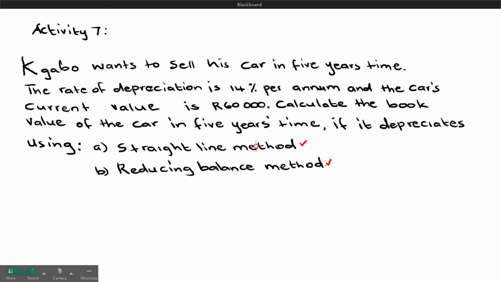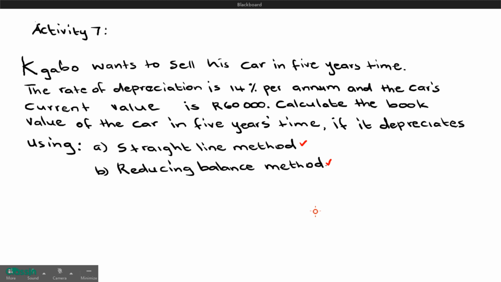The first method is straight line and the second one is reducing balance. But we already learned about the reducing balance. The only one that we have not learned about is the straight line method. In this question I want to emphasize the straight line method rather than the reducing balance, because that one you can do. So in this instance, Khabo wants to sell his car in 5 years' time.